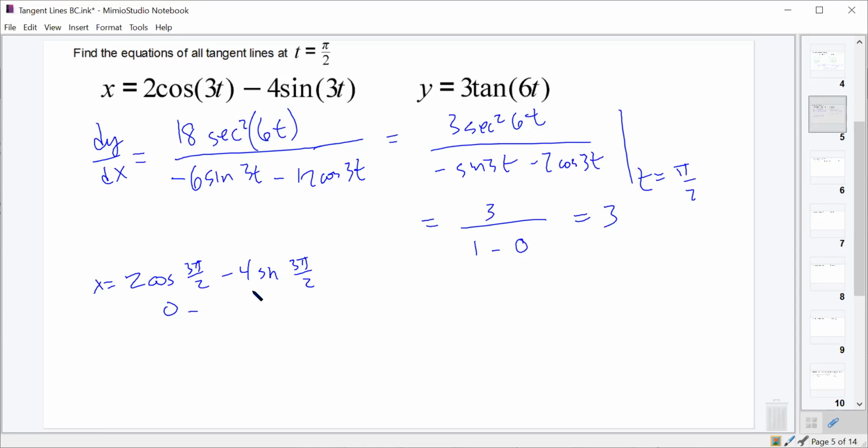And our sine of 3 pi/2 is -1, so we end up with 0 plus 4. So we have an x value of 4. And what's our y value? 3 tangent of 3 pi. And what's the tangent of 3 pi? 0. So y minus 0 equals 3 times x minus 4. Everybody good with that or no?